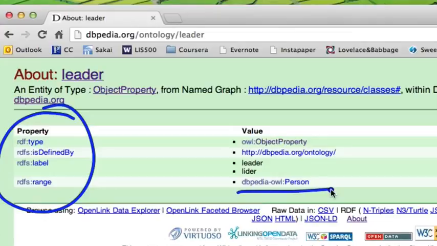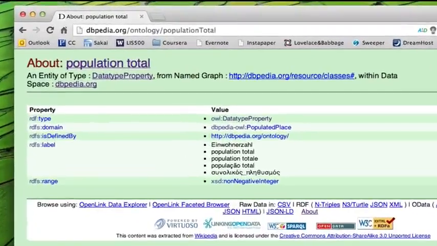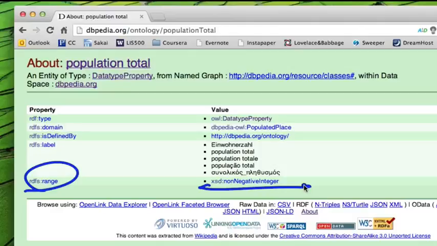Leader is a subtype of person. Now let's take a look at the entry for population. And what we have here is that the range is that population is a non-negative integer. Population is declared as a non-negative integer. It is an instance of that class of things in the universe called non-negative integers.